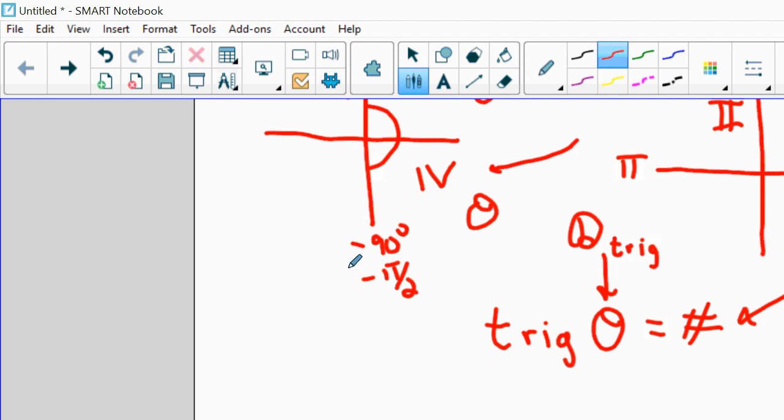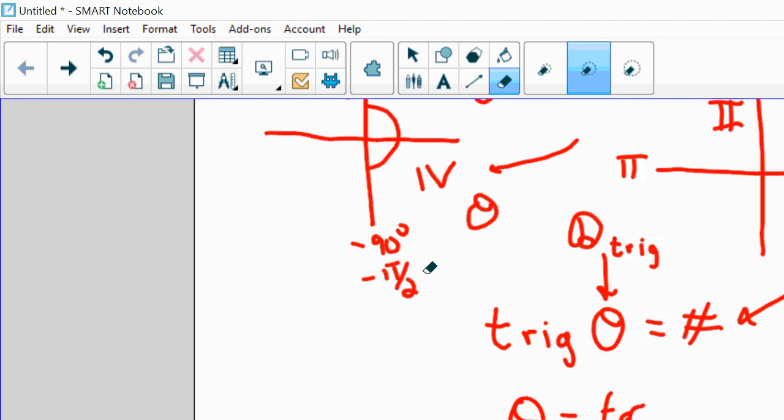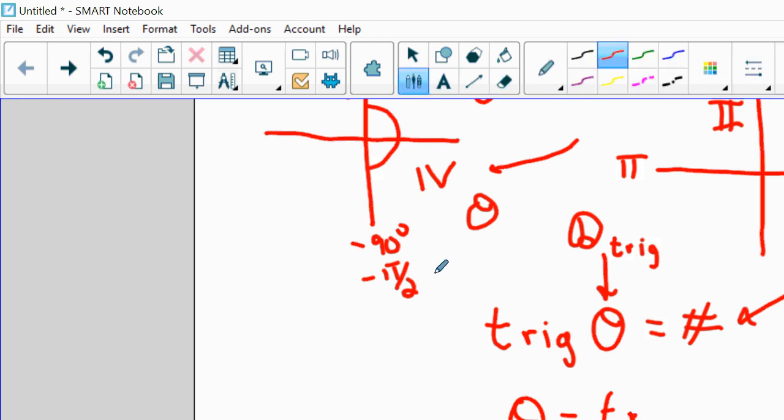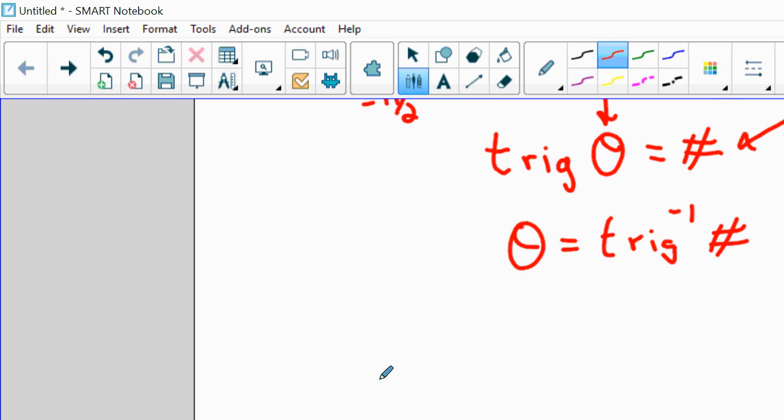If you take trig inverse of both sides, theta is trig inverse of a number. So whenever you're asked an inverse trig question, the answer is always an angle, and that's the range of the inverse trig.